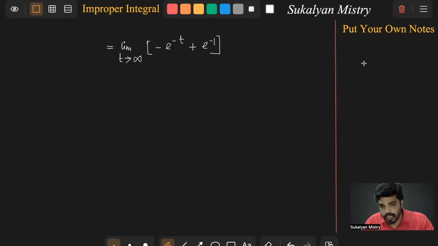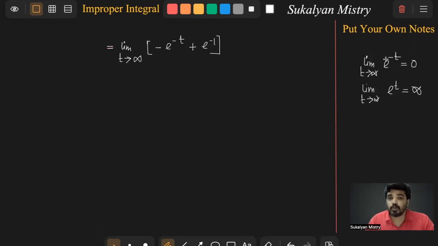So we know that limit t tends to infinity e to the power minus t is 0. But limit t tending to infinity e to the power t goes to infinity. Now e to the power minus t is 1 by e to the power t, and e to the power t goes to infinity, so 1 by infinity goes to 0.